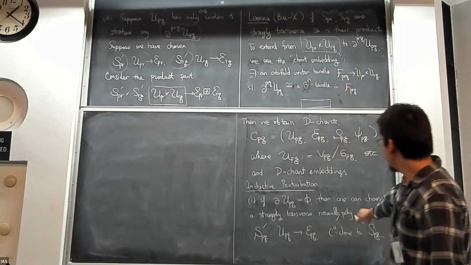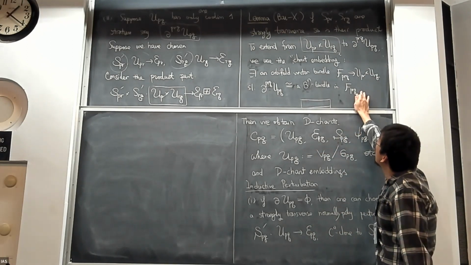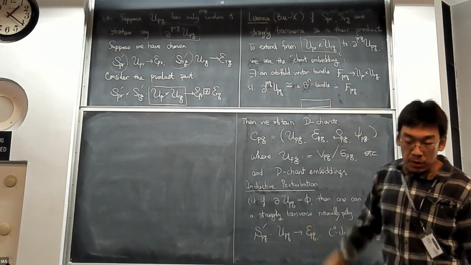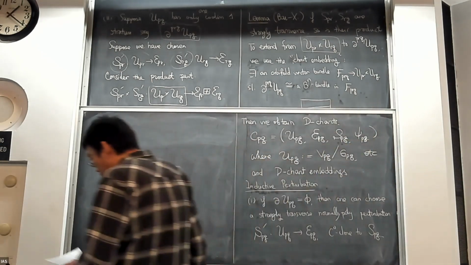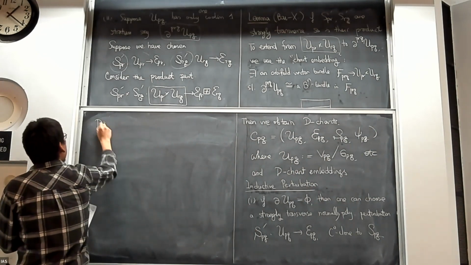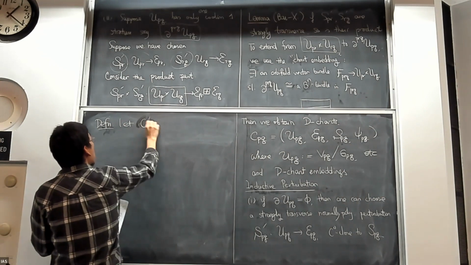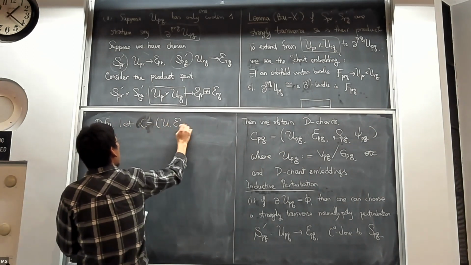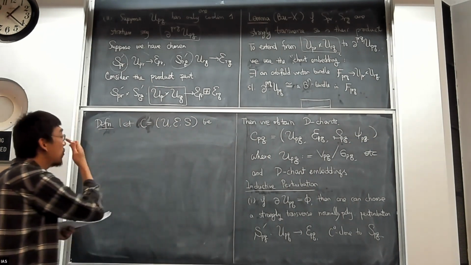So now let's discuss this phenomenon in a more abstract terminology. Let me introduce the notion of stabilization of the D charts. I will omit the footprint map.